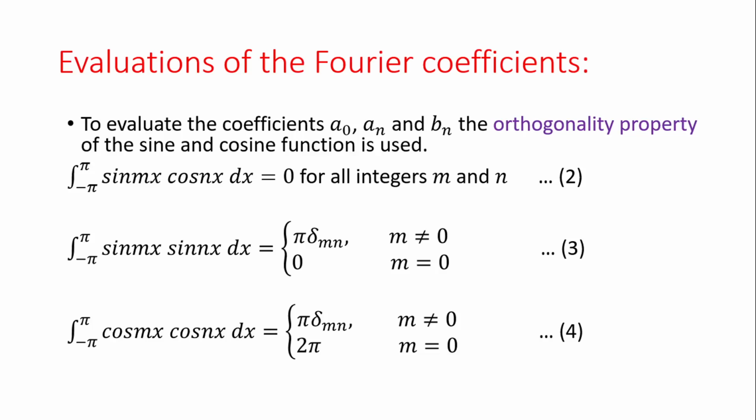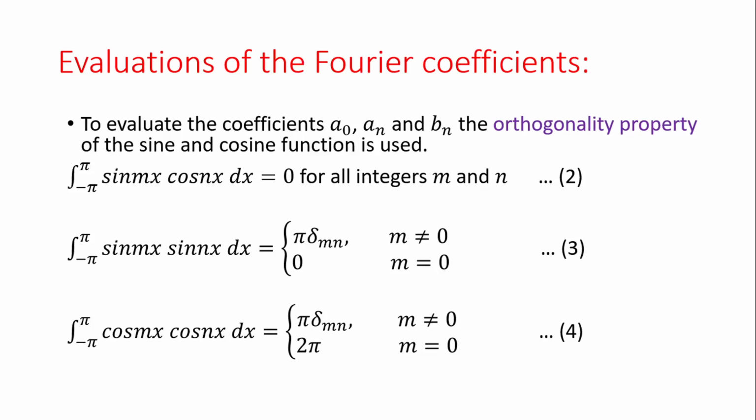Now we have the equation of the Fourier series as equation 1. Again I repeat, I have rewritten the equation here in this slide for convenience. So f(x) is equal to a0 plus summation n equal to 1 to infinity an cos nx plus summation n equal to 1 to infinity bn sin nx. So this is the Fourier series.